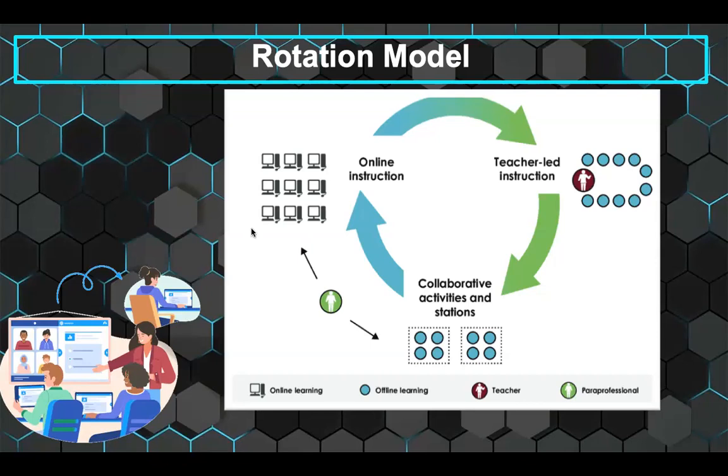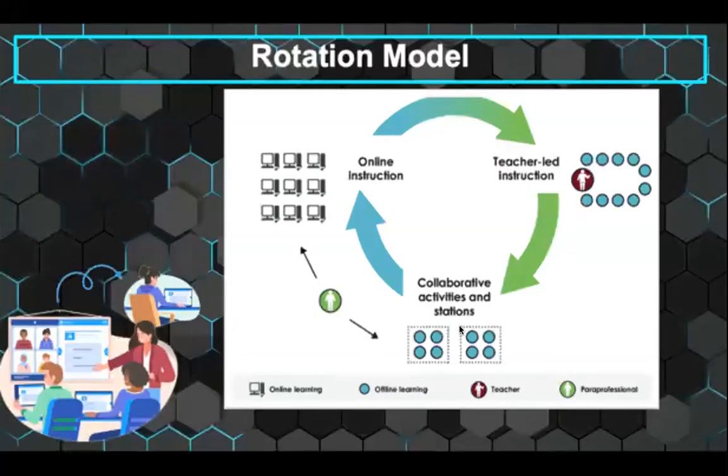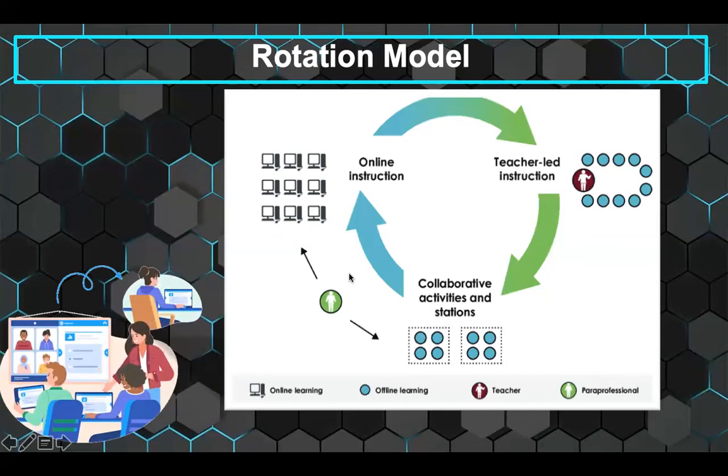Within the rotational model, different institutions can make subdivisions: station rotation, lab rotation, flipped classroom, or individual rotation. So it will include online instruction, teacher-led instruction, and collaborative activities at the stations. This is basically a rotation model which can be implemented as a blended learning model.